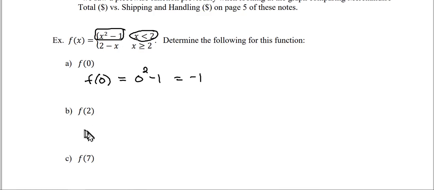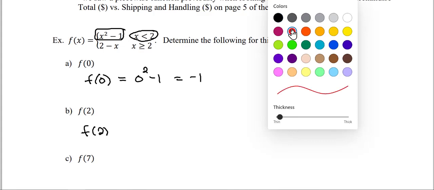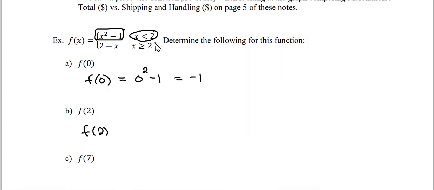Now for part B here, I am looking at a different scenario because I'm looking at x being equal to 2. Well, that fits in this category for x being greater than or equal to 2, right? That equal sign on here tells me I need to now, for x equals 2, use this equation and plug in 2, and I get 0.